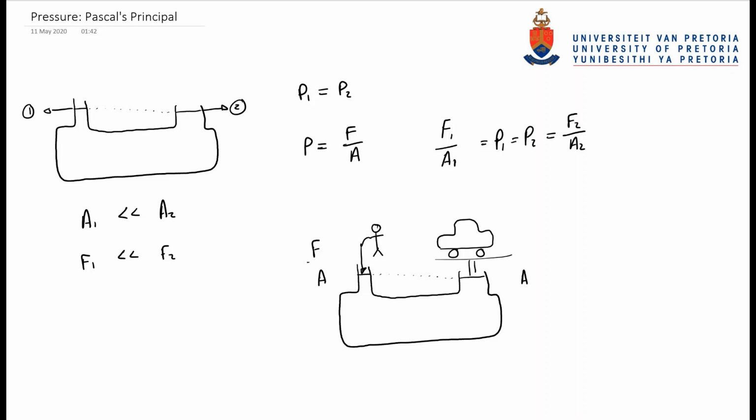The force I need on my side is much smaller than the force exerted by the car on the car side. And this is because the pressures must be the same at the same height for the fluid. I hope you found this one interesting.